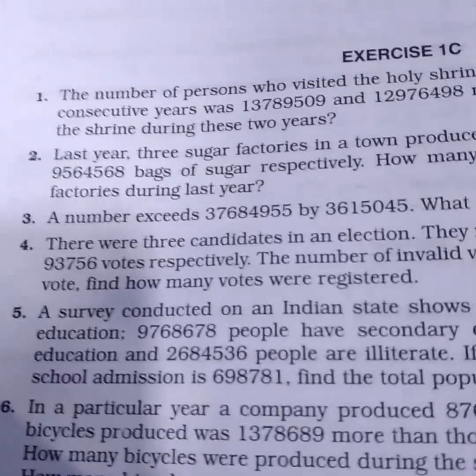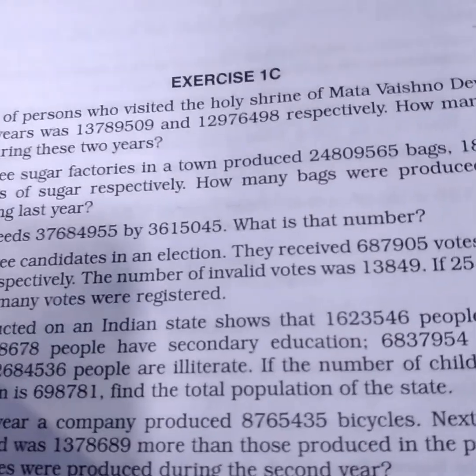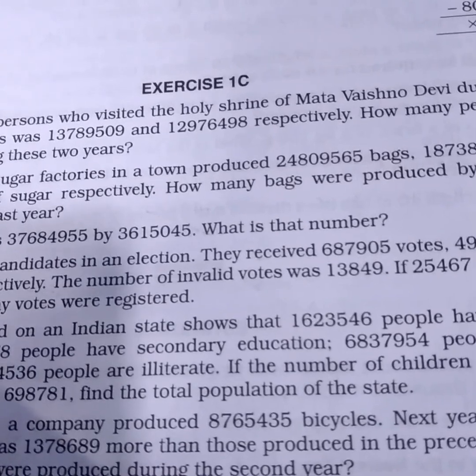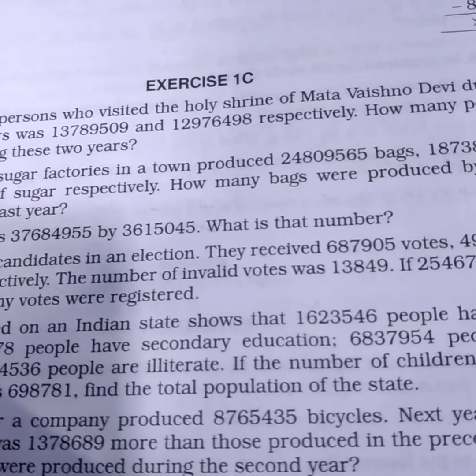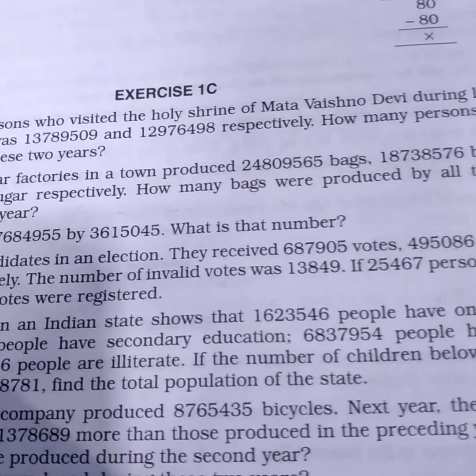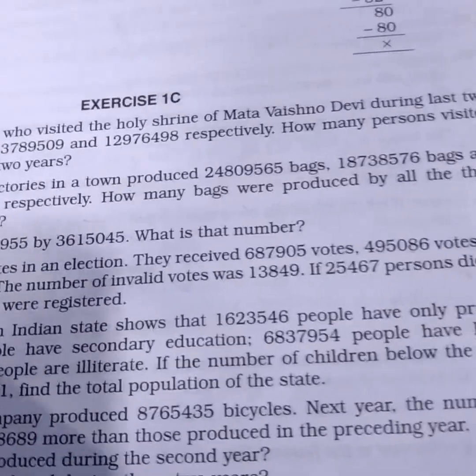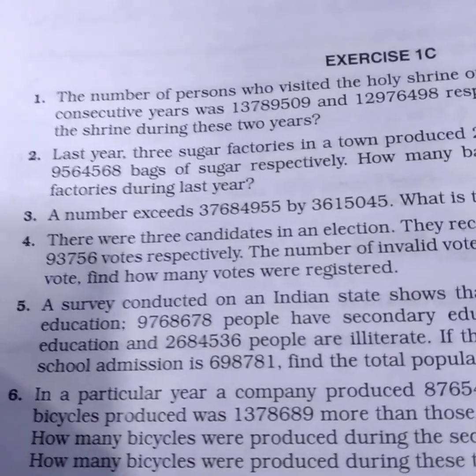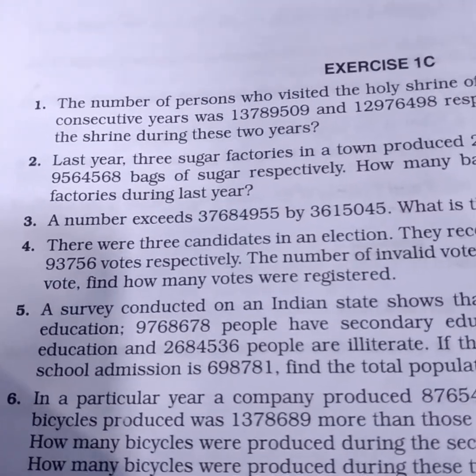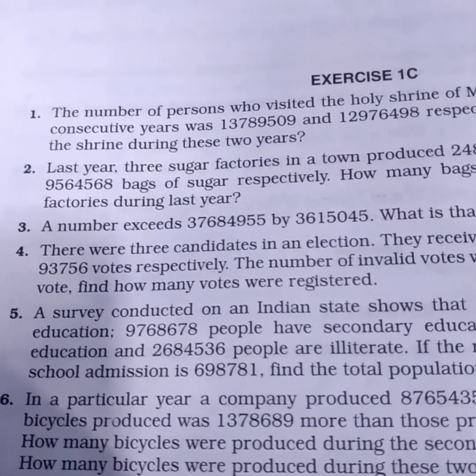Now question number 4. There were 3 candidates in an election. They received 687905 votes, 495086 votes and 93756 votes respectively.